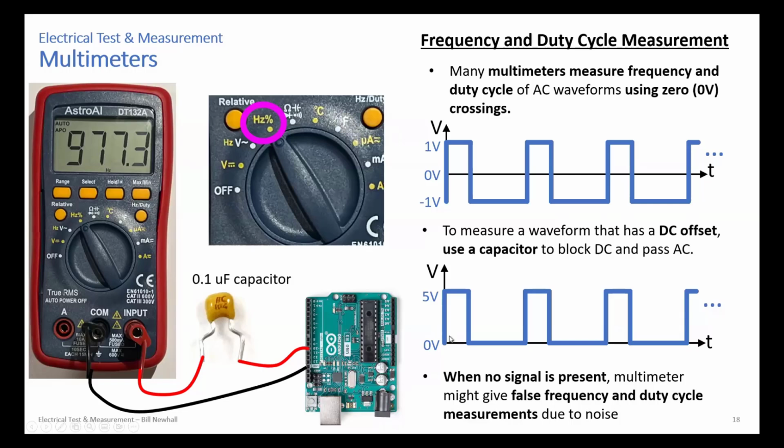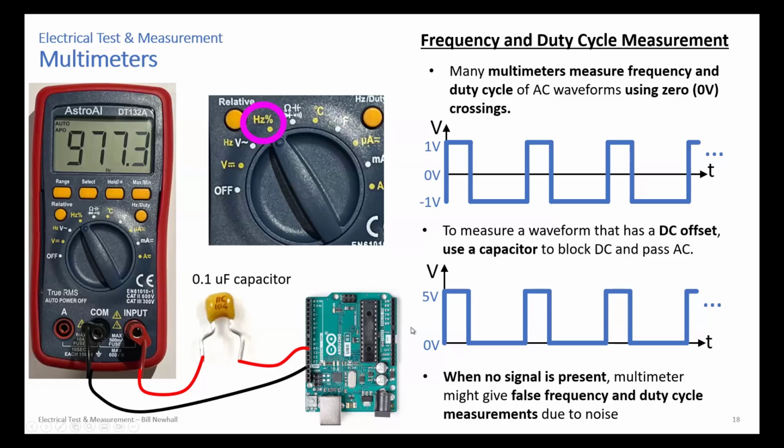So you would be able to measure the output of an Arduino, 0 volts to 5 volts, a pulsed waveform like this, using this capacitor between the multimeter and the Arduino's output port here. That's just a tip: if you're trying to measure the frequency and duty cycle of a waveform with a DC offset and it's not working, try putting in a capacitor to block DC.